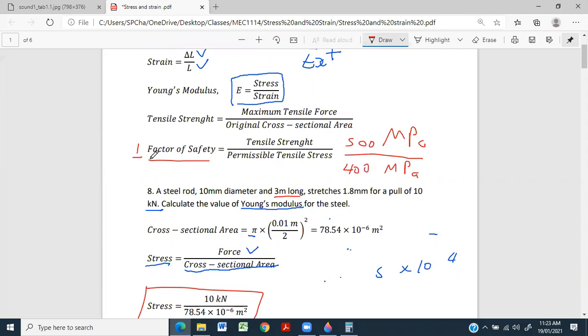Now, we see this number goes up. This number is now 1.25, right? So when the factor of safety goes above 1, it becomes safer. And when it's 1 or less, it's terribly unsafe, right? It's pushing that limit. So the factor of safety tells us how safe we are. And there are certain standards in place that use the factor of safety, saying don't surpass this factor of safety for particular construction, right? And you guys will come across that as you go on.